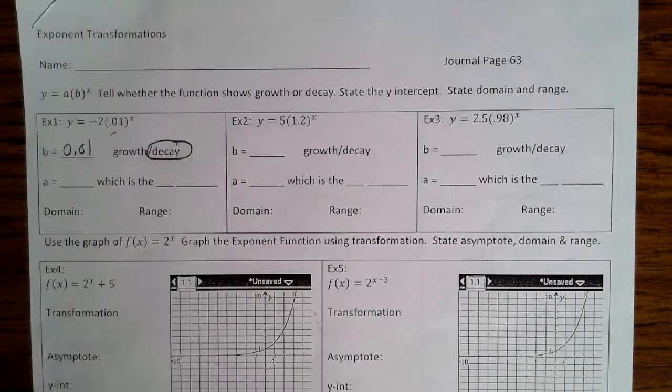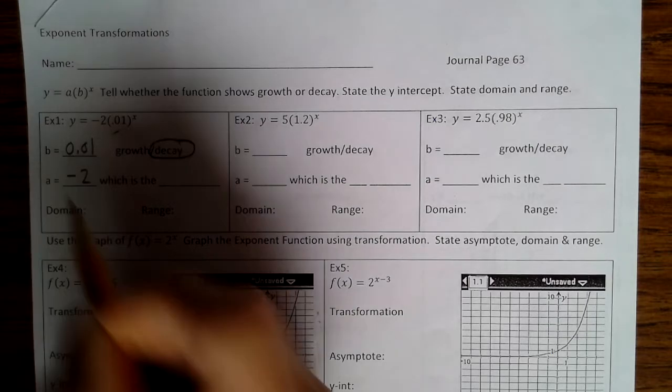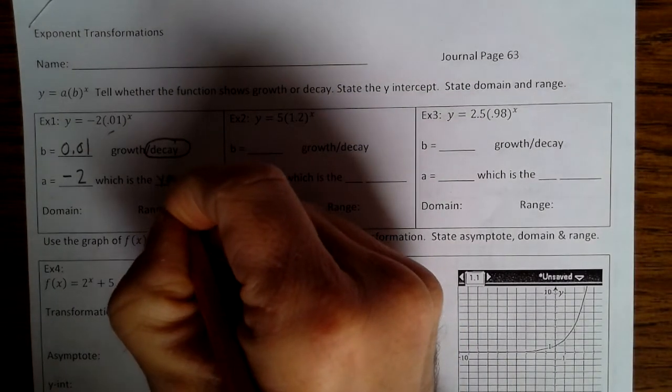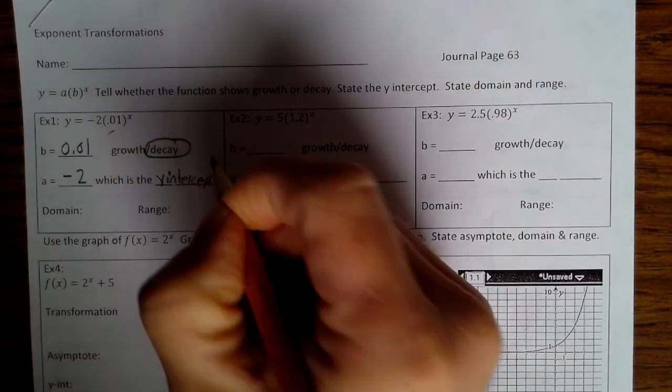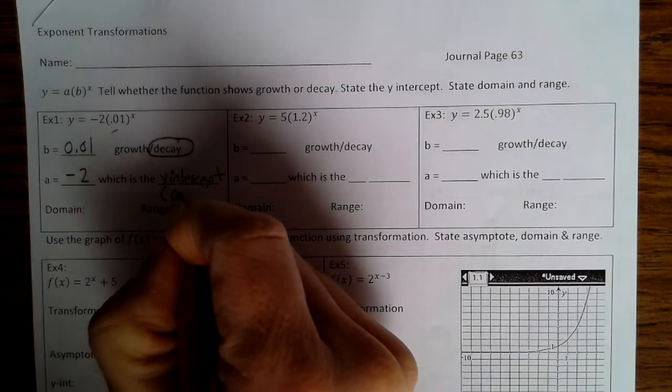A is the number in front of the parentheses, so that's negative 2, which is the y-intercept. So your y-intercept would be (0, -2).